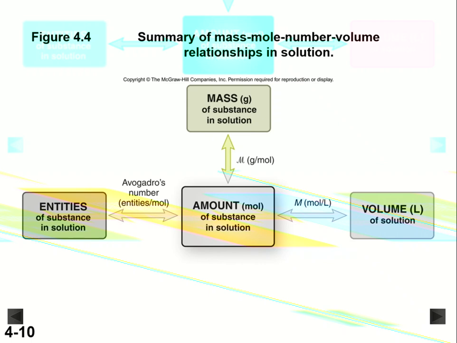So the difference here is these are all in solution, not simply based on their mass themselves, because there's now a solvent. So now we add a fourth box, and that is the volume of solution. So the volume is related to the amount by the molarity, that big M, moles per liter. We'll do some practice problems in the mechanics section later.